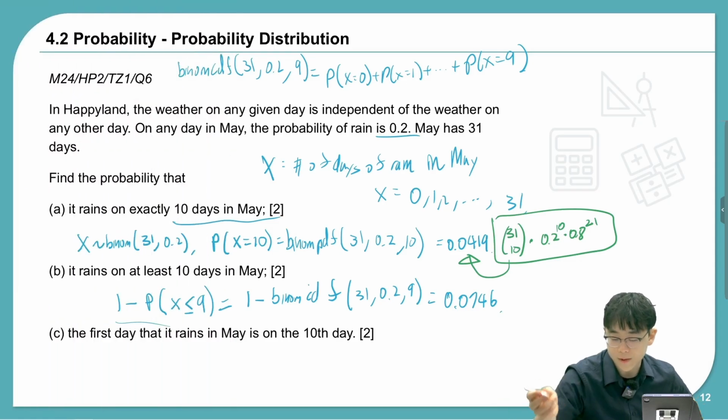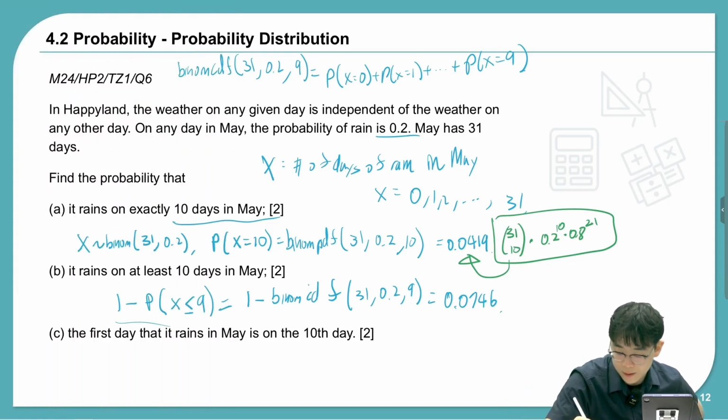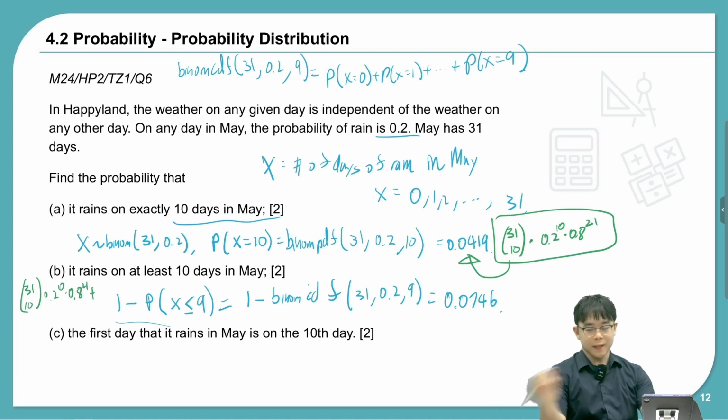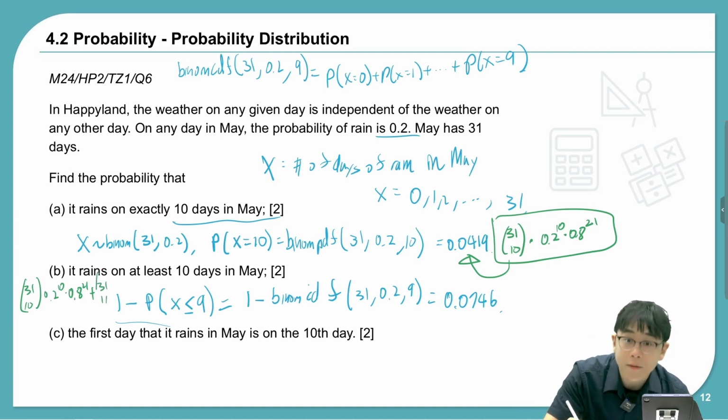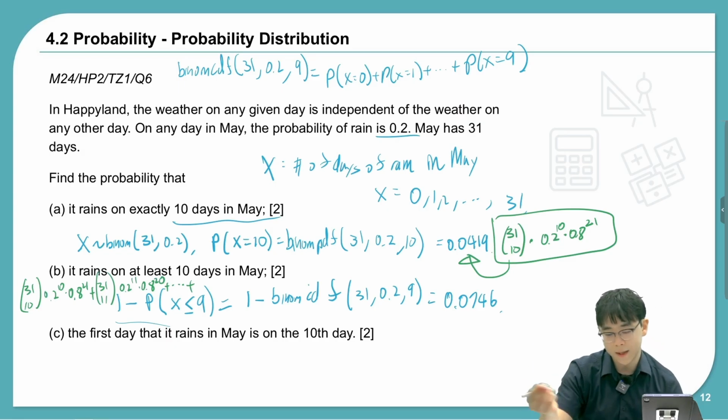Right? So if you were to have done this by hand, you would have done 31 choose 10, 0.2 to the power of 10 times 0.8 to the power of 21. This would be the probability that exactly 10 days are raining. Then we'd have 31 choose 11 times 0.2 to the power of 11 times 0.8 to the power of 20. This would be the probability that 20 days are not raining and 11 days are raining.